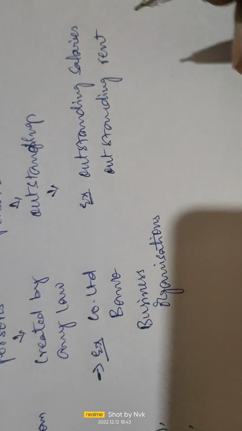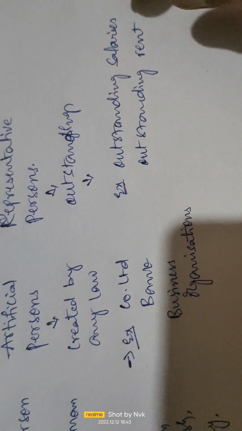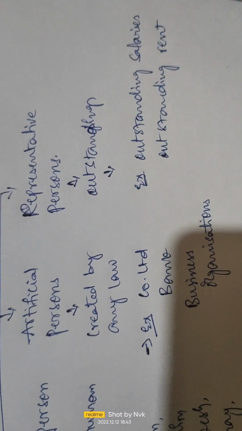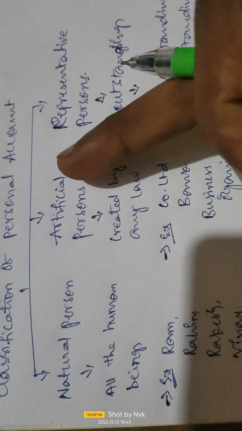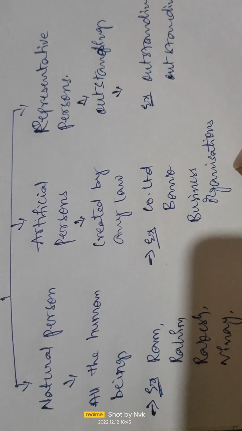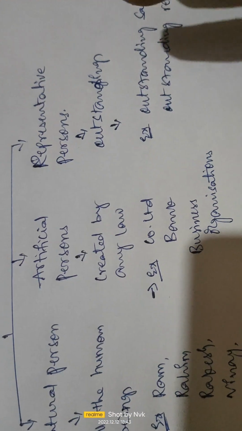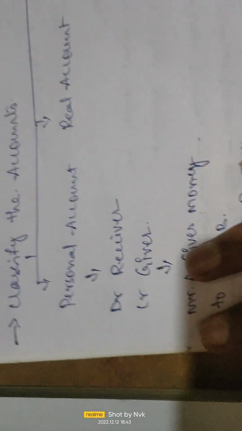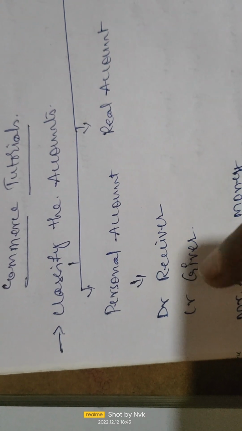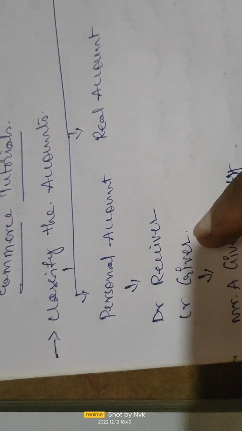So natural persons like human names, artificial persons like any entity name, and representative persons like any outstanding: for all three categories we use the same rule, debit the receiver, credit the giver.